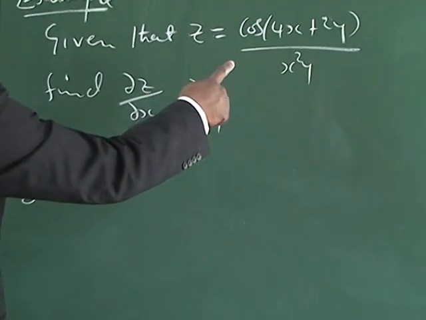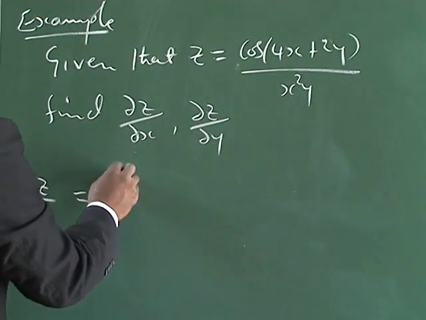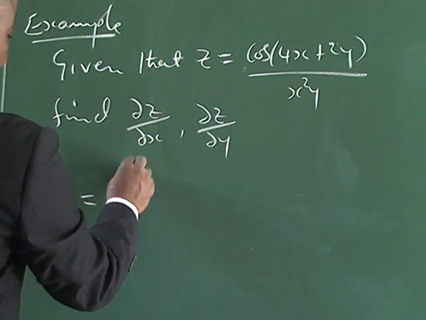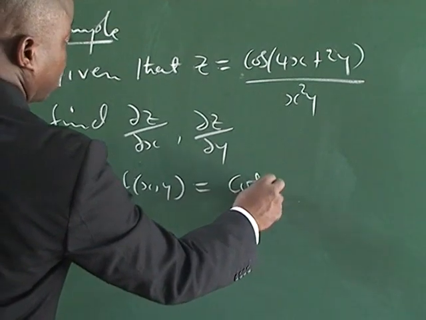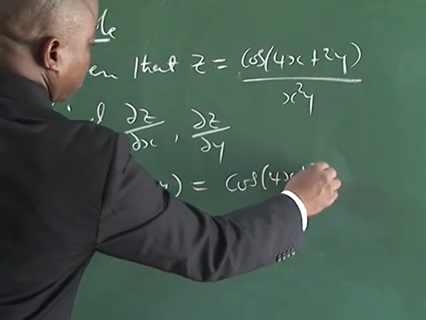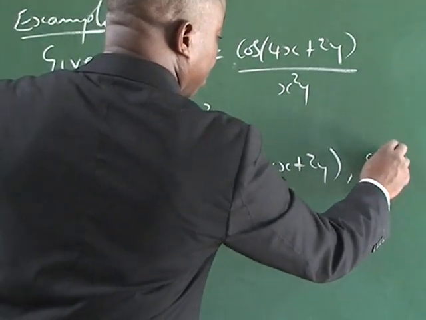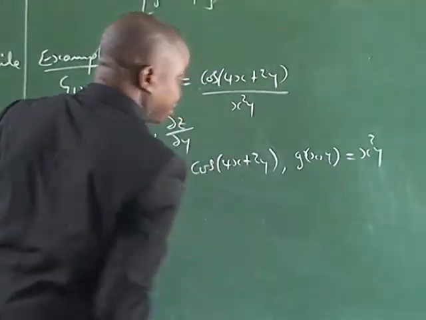Now, you know here, f of xy is equal cos 4x plus 2y. That's what it means. And then g of xy is equal x squared y.